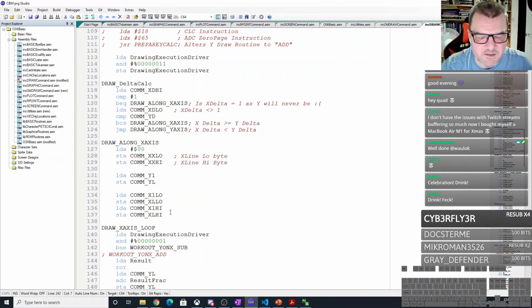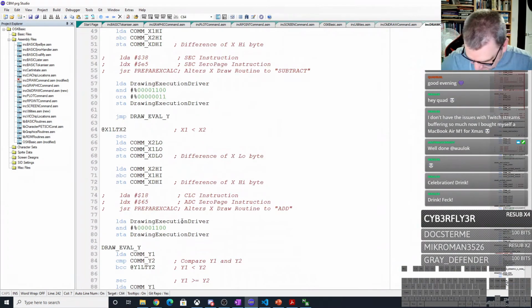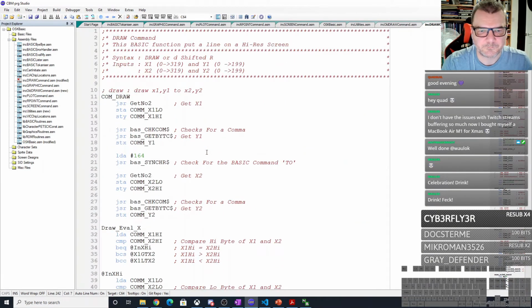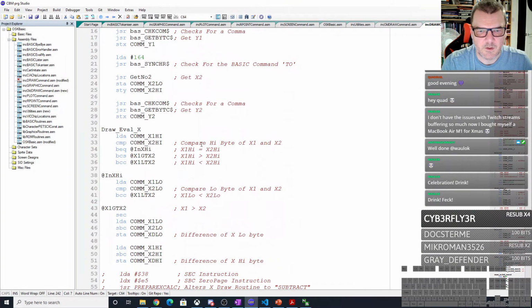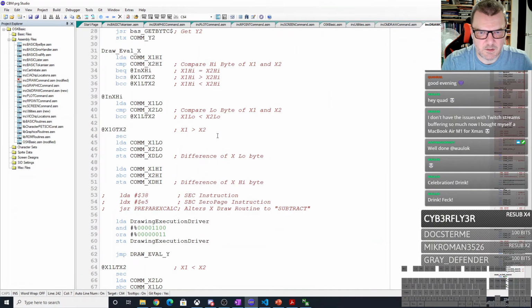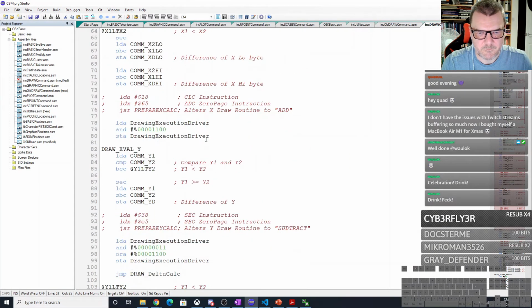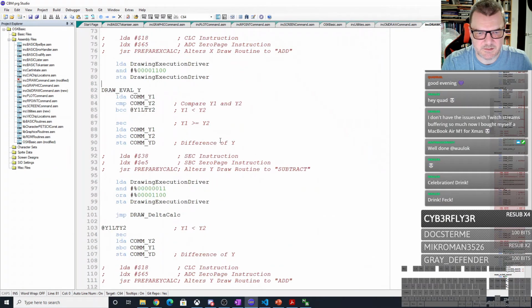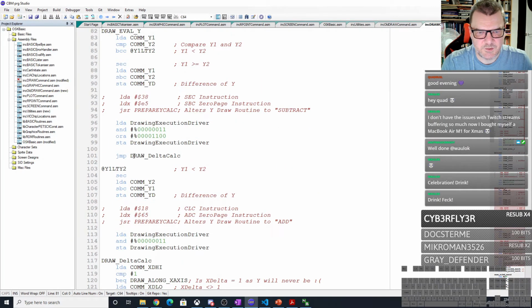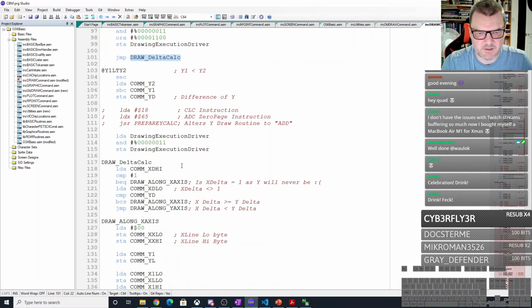So now we need to work out the divide. So there we go, it's the deltas. Jump to draw delta calc.